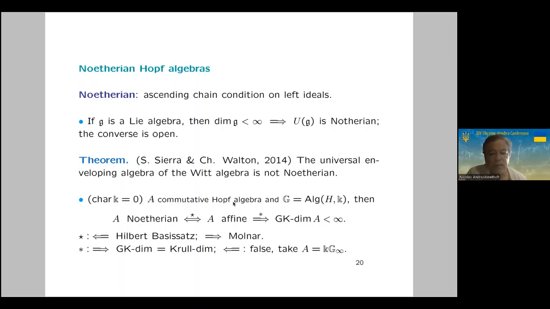This equality between Noetherian and affine is classical, but what is not true is that finite Gelfand-Kirillov dimension implies that A is affine. For instance, take the group algebra of any suitable group, which is a union of finite subgroups in some sense.